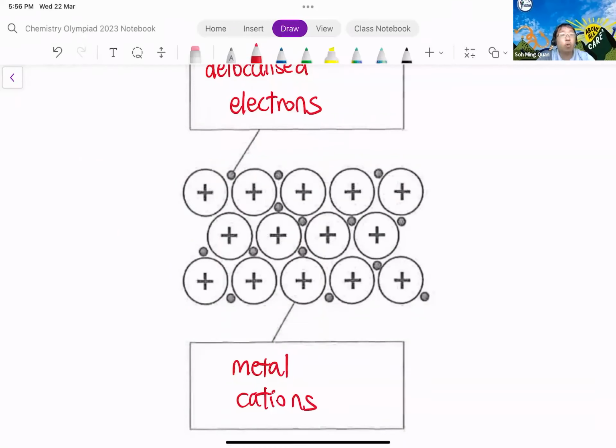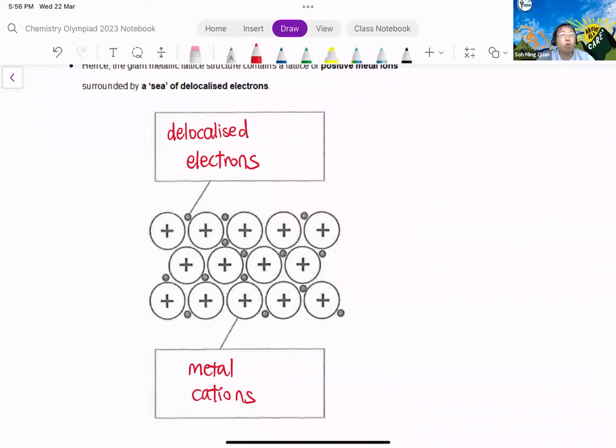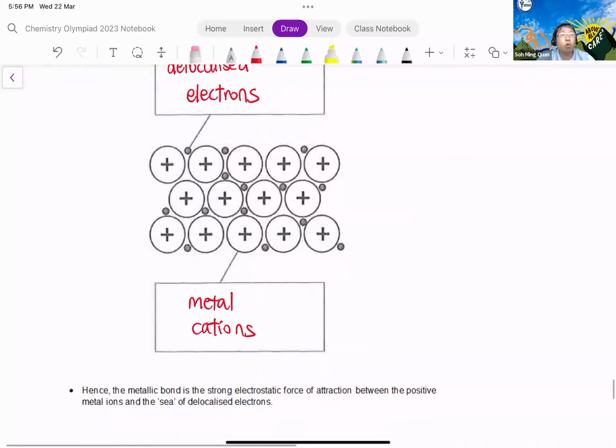So what is the force of attraction? The force of attraction, of course, is between the cations, which are positively charged, and the delocalized electrons, which are negatively charged. So we say that the metallic bond is the strong electrostatic force of attraction between positive metal ions and the sea of delocalized electrons.